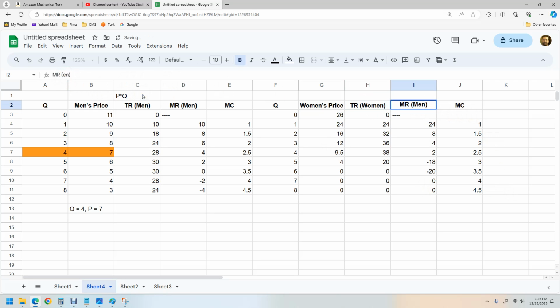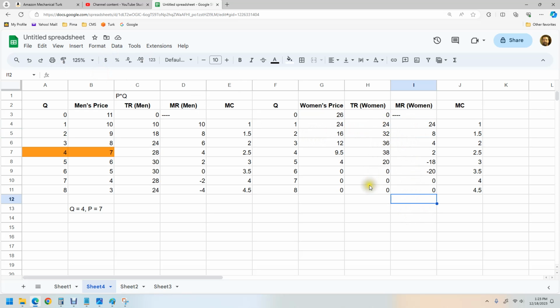We'll just change this. See how I'm just changing that. It would have been cool to put a little man sign and a little woman sign. Let's make sure this is the right function. Quantity times price, yes. I clicked up here and it shows me what it's supposed to be. And right here is the difference, marginal revenue minus marginal cost.